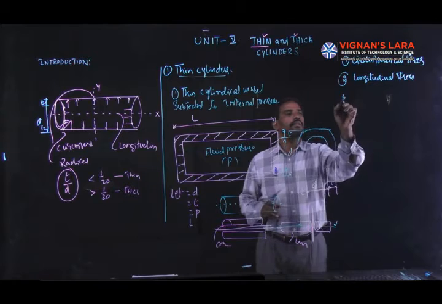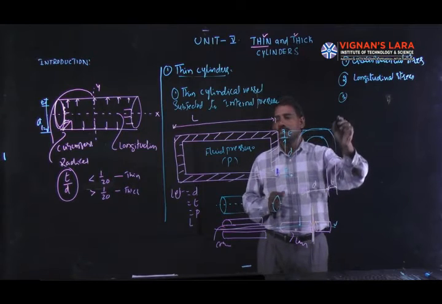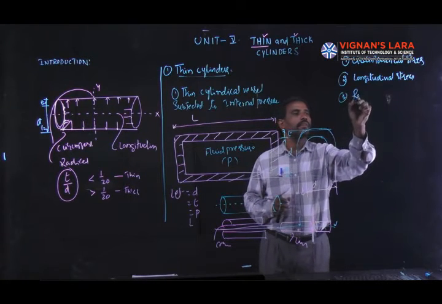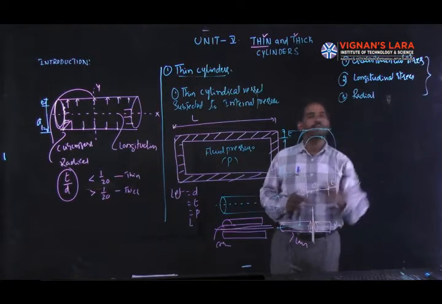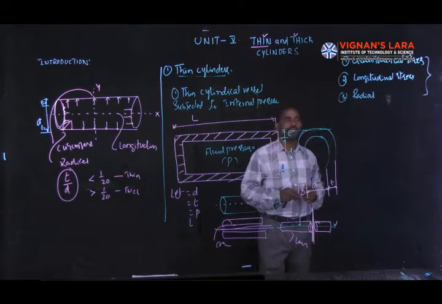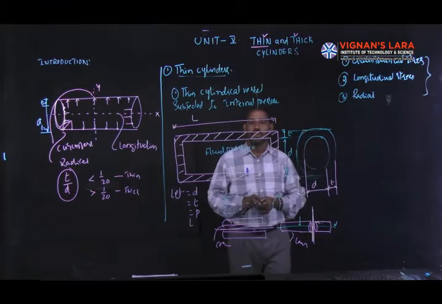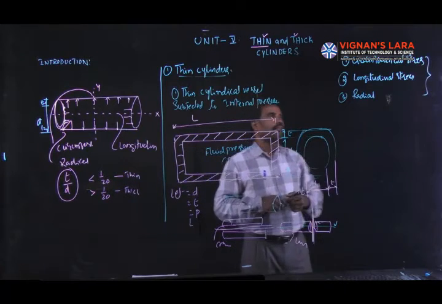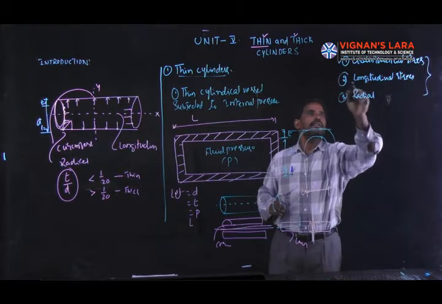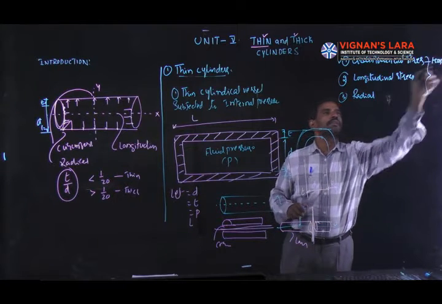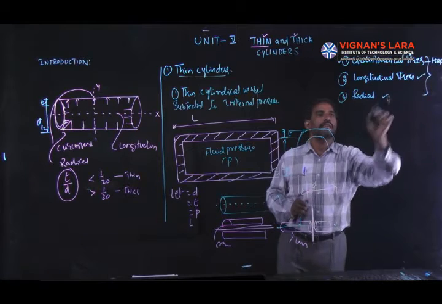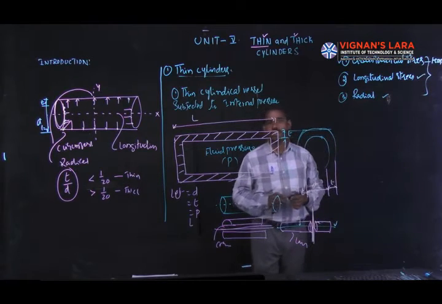In addition, there is a stress induced radially. So we have to check all the stresses, which are classified as follows: the first is the circumferential stress, also called hoop stress; the second is the longitudinal stress; the third is the radial stress.